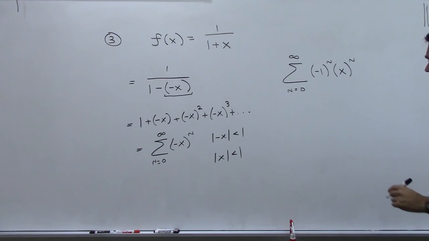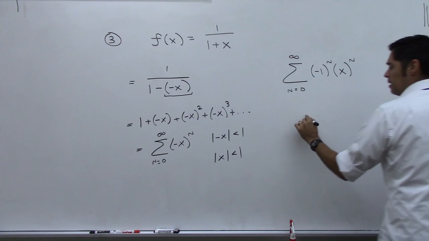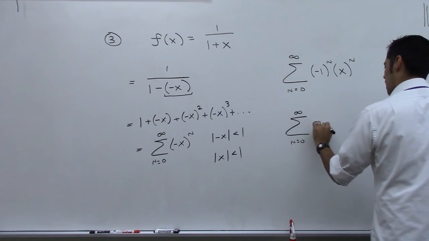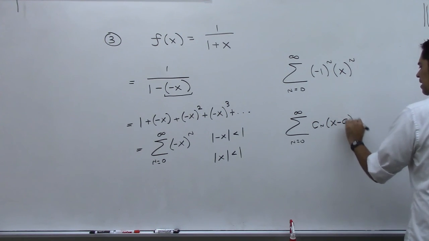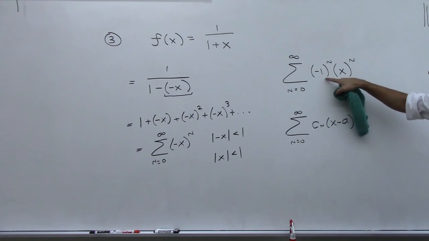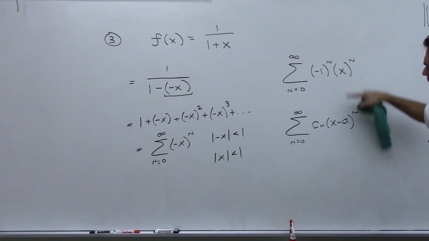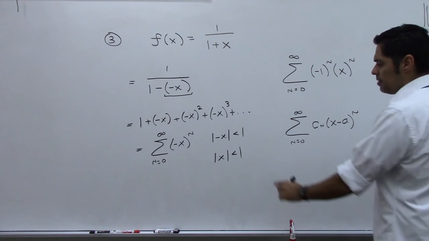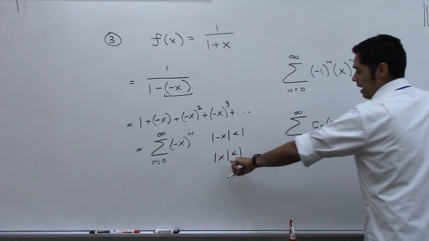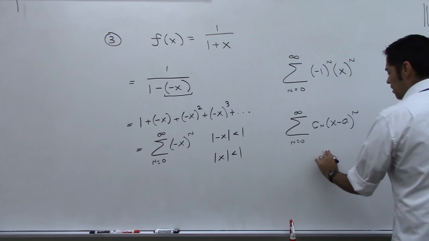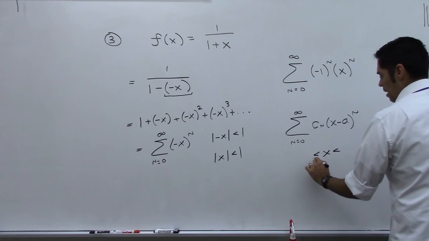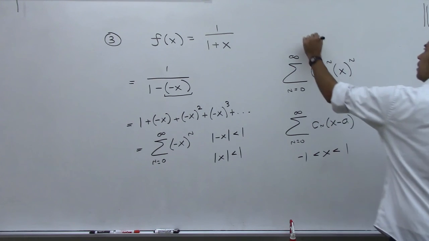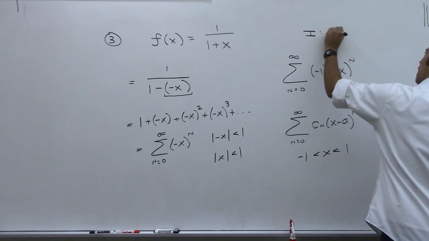So that way it looks like your normal power series c sub n times x minus a to the n. So your c sub n is this, and this is your x minus a to the n. So that's it. Now the interval of convergence is going to be when this absolute value of x is less than 1, which is the same as saying x is between negative 1 and positive 1. So your interval of convergence is negative 1, 1.